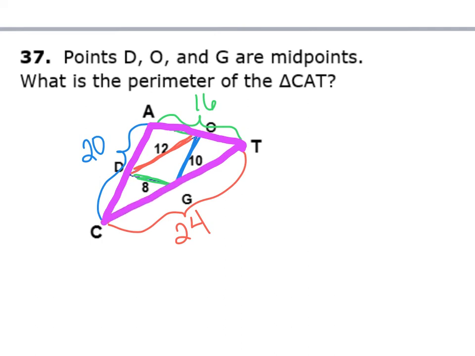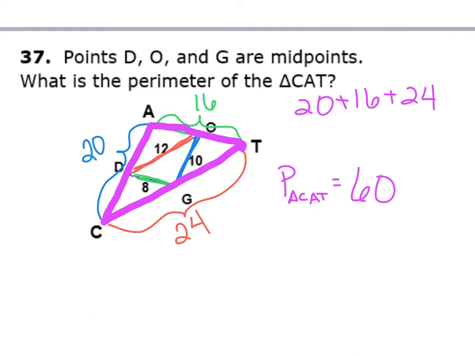My perimeter is going to be the 20 plus the 16 plus the 24. My perimeter of triangle CAT is 60. I have no units, so this is my answer.